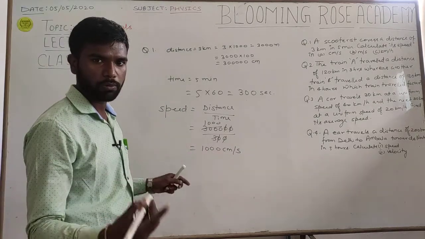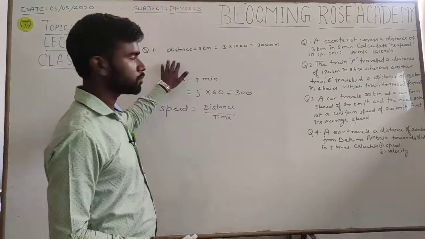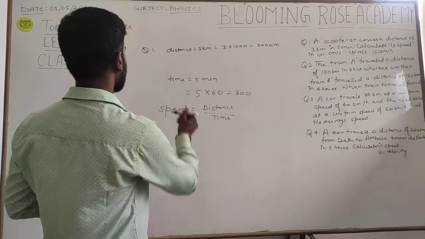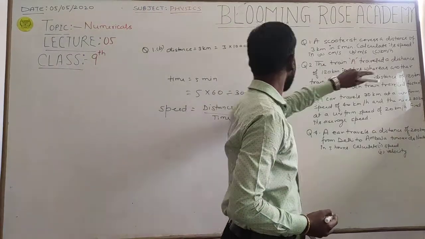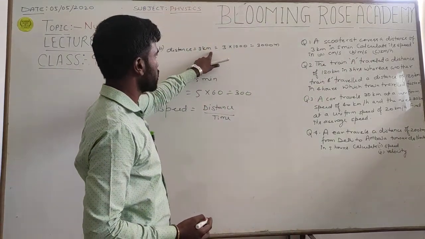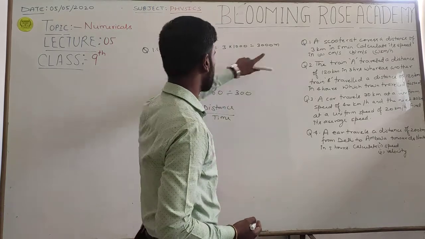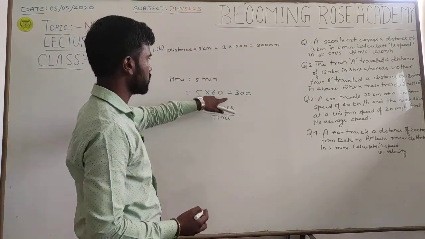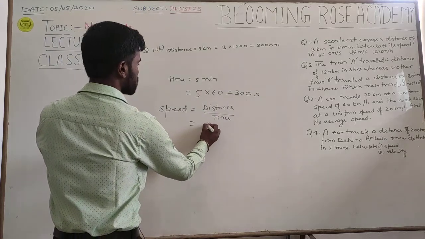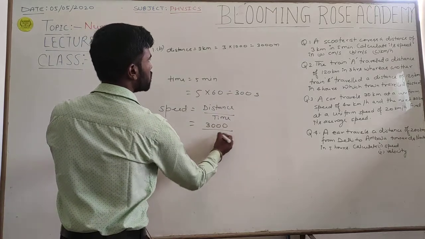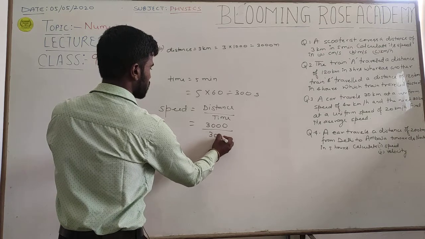Now second part. Here for the second part we have to calculate speed in meter per second. So 3 kilometer becomes 3000 meter. Now time will be the same, 300 seconds. Then speed is equal to distance 3000 meter upon 300 second.